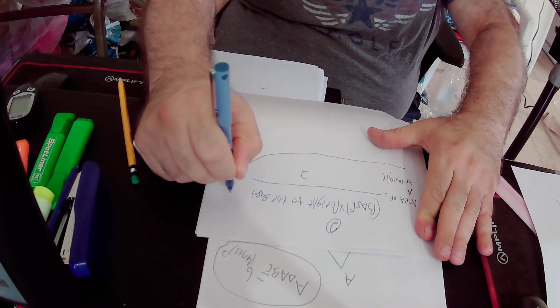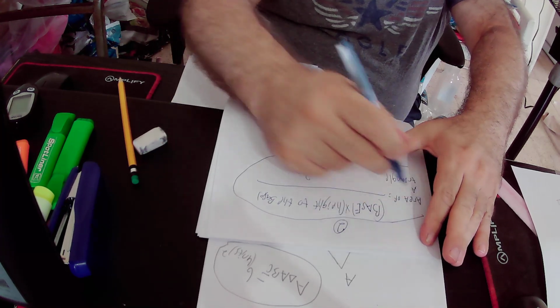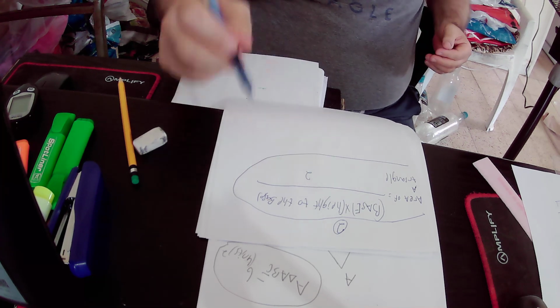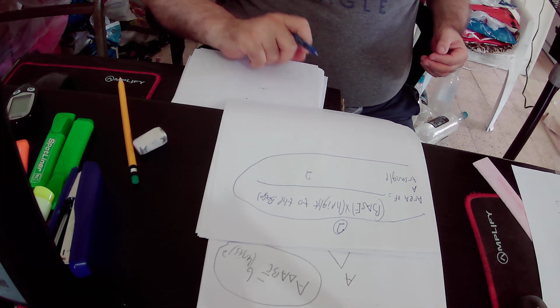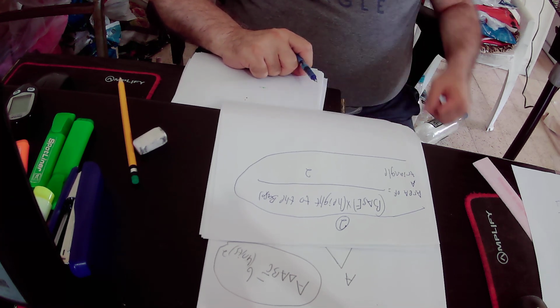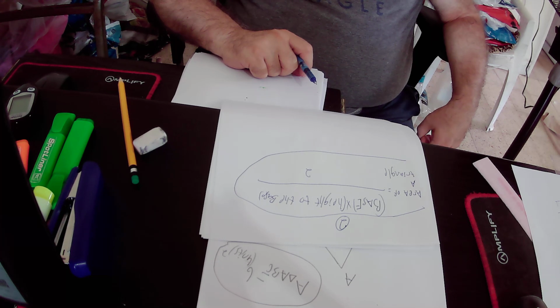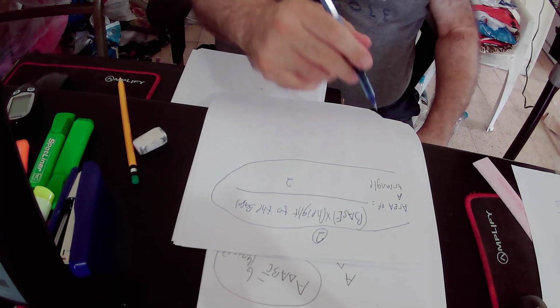Okay, the area of any triangle equals the base of the triangle times the height to the base, all divided by 2. Or instead of area, I will write down the capital letter A. It is the abbreviation for area.